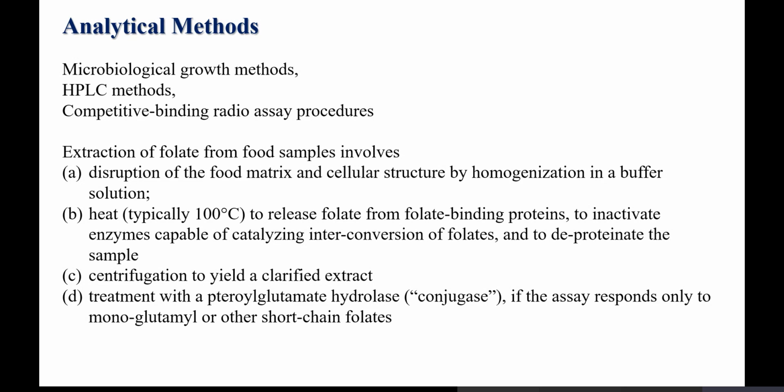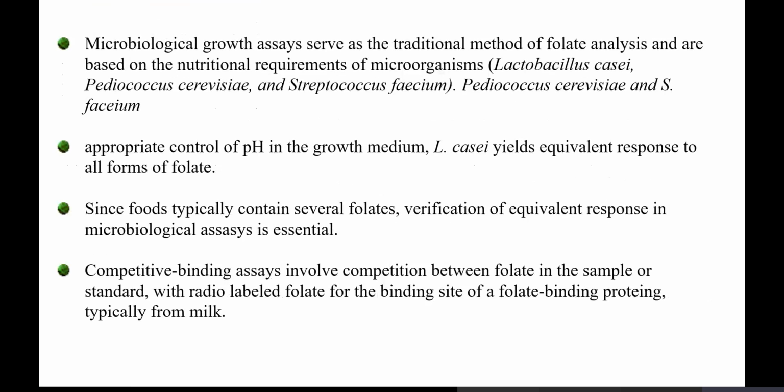Then centrifugation to yield a clarified extract, and treatment with pteroyl glutamate hydrolase or conjugase enzyme if the assay responds only to monoglutamyl. So there are various ways, and extraction is very important, and care should be taken while extracting and reacting with the other enzyme.